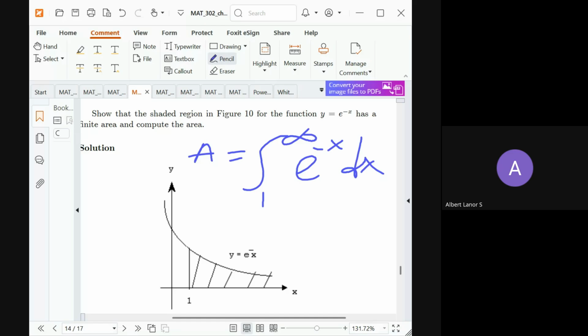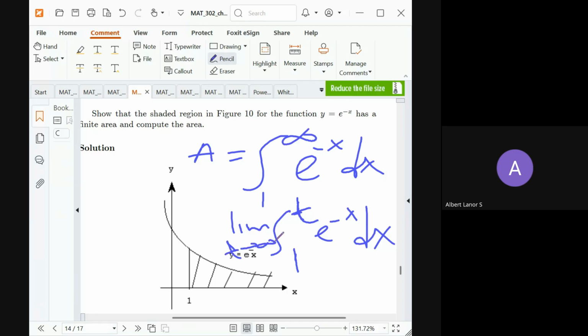Now, the upper limit is infinity, so you're going to integrate it from 1 to t of e to the minus x dx. So maybe let me give you 2 minutes to do this integral. And when we finish, we'll find the limit as t is going to infinity. Okay. So 1 minute to find the integral of e to the minus x dx. Substitute the limits into it quickly.